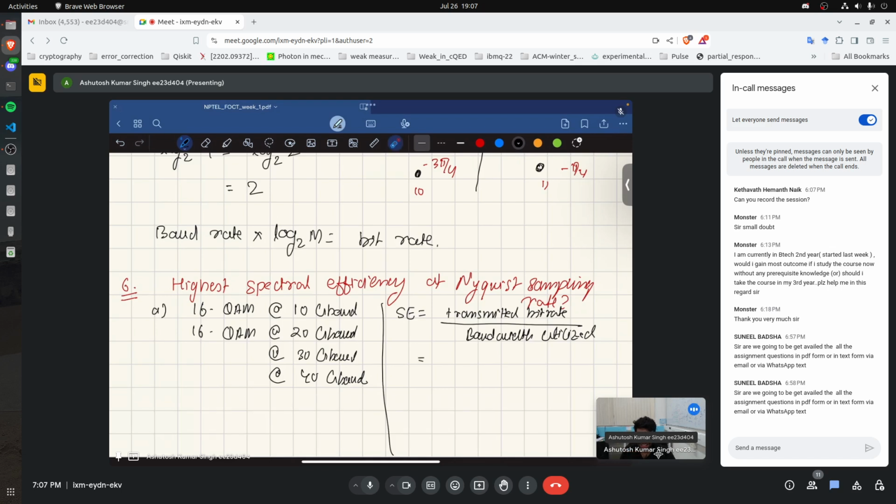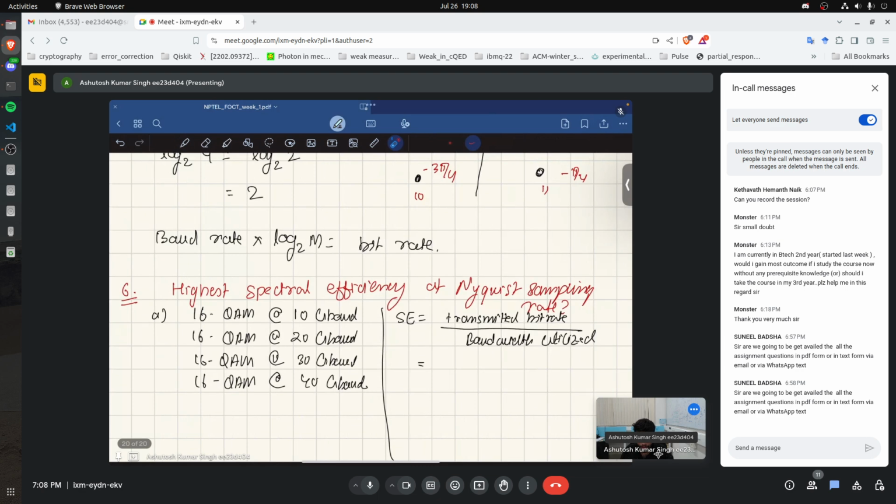Now, when you write this fraction out as transmitted bit rate over utilized bandwidth, all of these are 16 QAMs, mind you. So, when you go from 10 gigabaud to 20 gigabaud, from 20 to 30, 30 to 40, your transmitted bit rate is increasing.